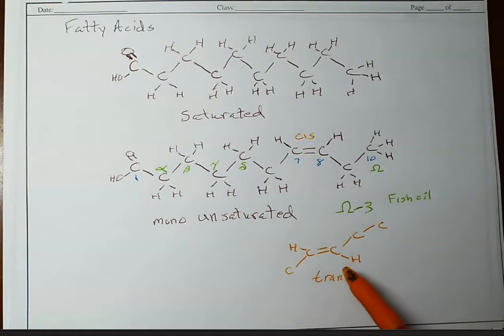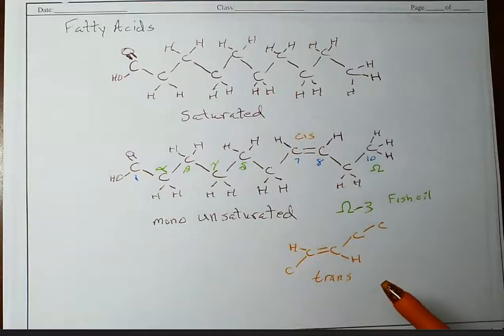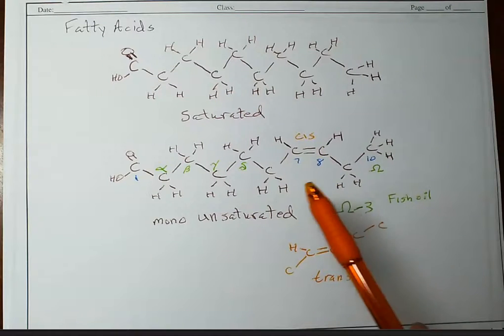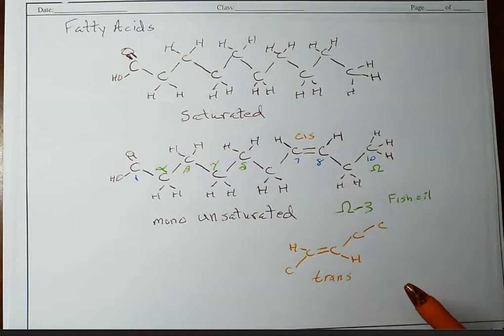And it has turned out that the trans fatty acids actually trick our liver into making more cholesterol. So we end up with more cholesterol problems from trans fats than we got away from by just not using the saturated fats in the first place. Okay, so saturated, unsaturated, monounsaturated, omega-3, cis versus trans. Hope that clears a lot of that up for you.